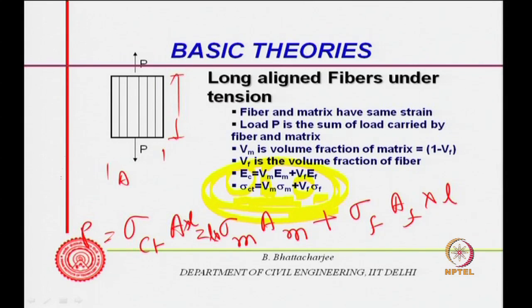So, I can write sigma c t into V is equal to V m dash, the volume of the matrix, into sigma m, plus V f dash, the volume of the fiber, into sigma f.